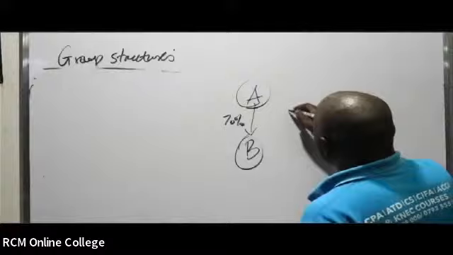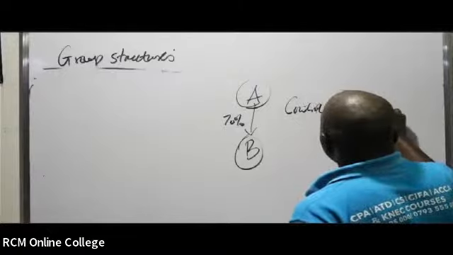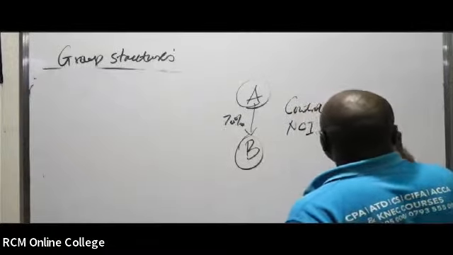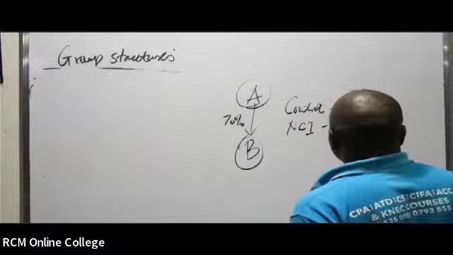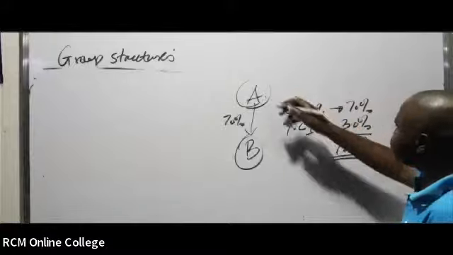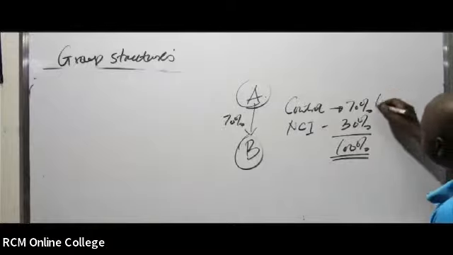So here the control is 70%. The non-controlling interest is 30%. Therefore, in total, we get 100%. So this parent company is only controlling 70% of the net assets.